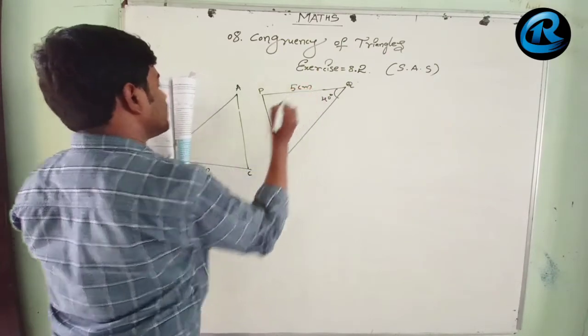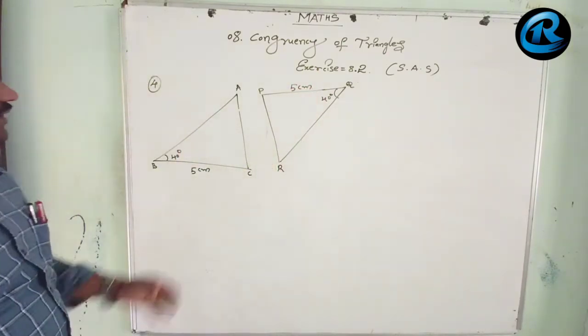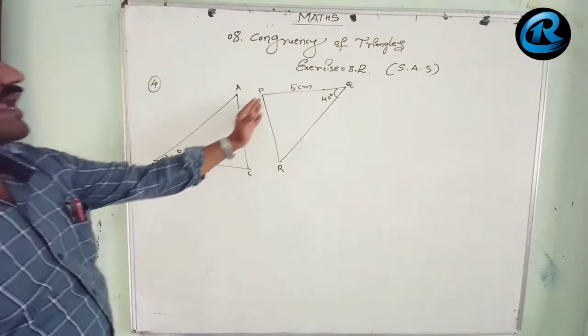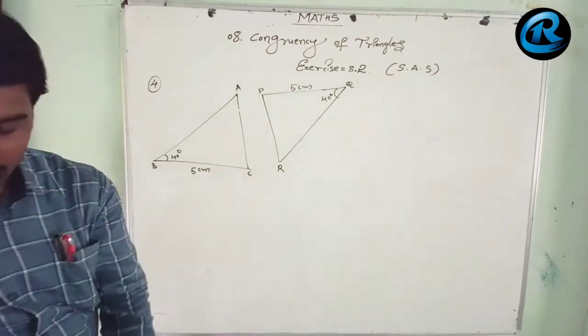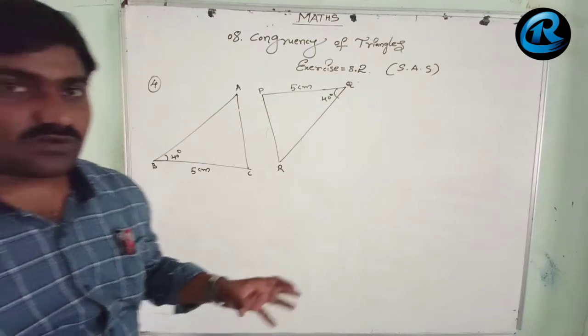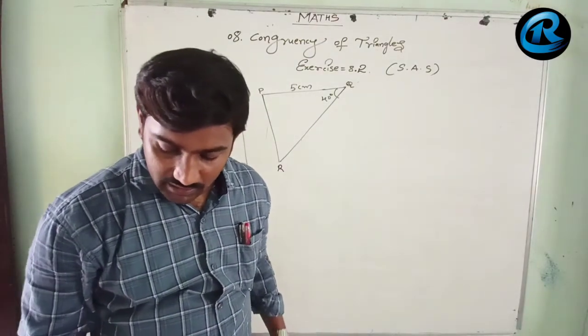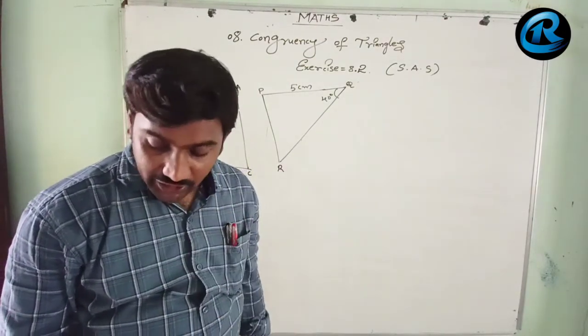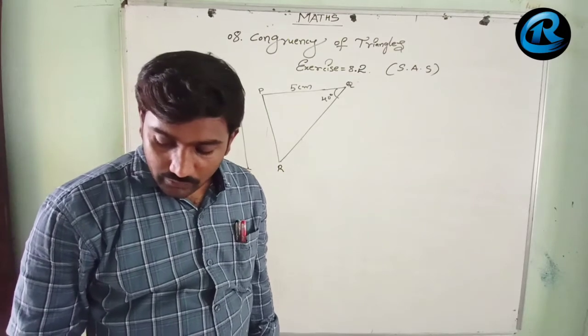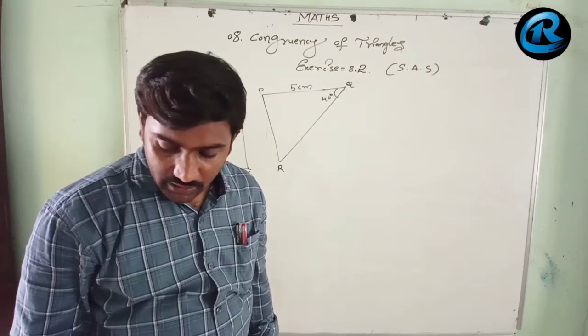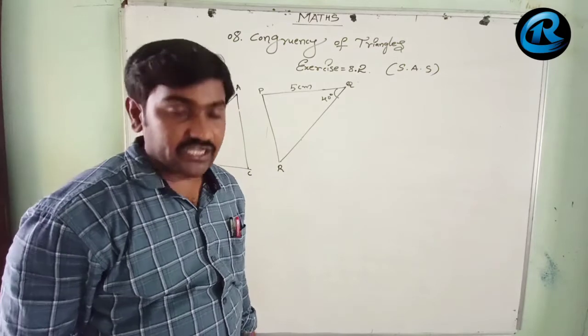Now here two triangles are given, triangle ABC and triangle PQR. Let us see what the question is. Which corresponding side do we need to know to prove that the triangles are congruent by using the SAS criterion?